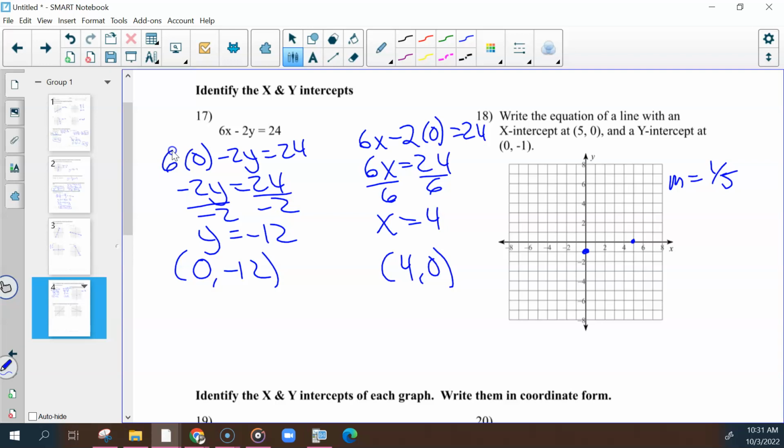Some of you just drew a line, but that's not what it asked for. It wanted you to write the equation, which would have been y equals 1/5 x minus 1. That was the answer I was looking for. So that was worth 2 points.